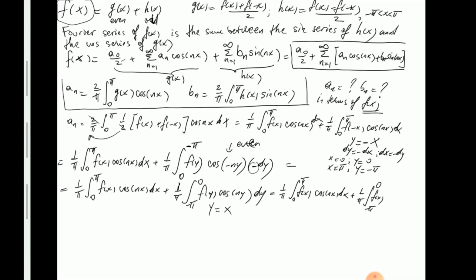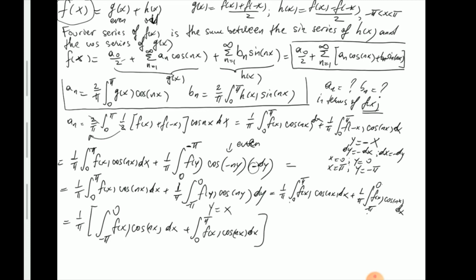That's just to make it again in agreement with the first piece, dx. So now you can recombine these two integrals, because now you have the integral from minus pi to 0 plus 0 to pi. If you factor 1 over pi, you have the integral from minus pi to 0 of a function plus the integral from 0 to pi of the same function.